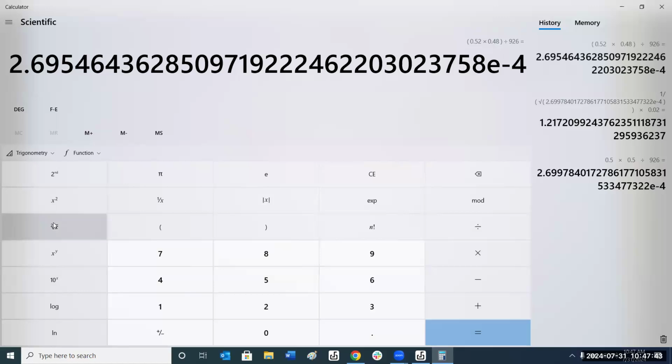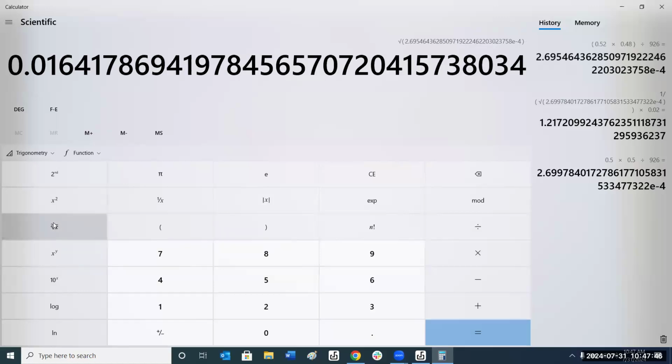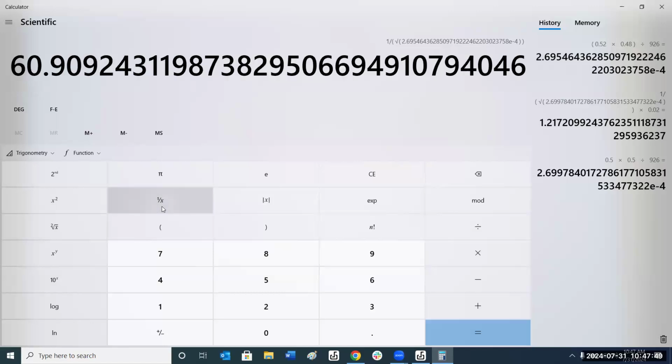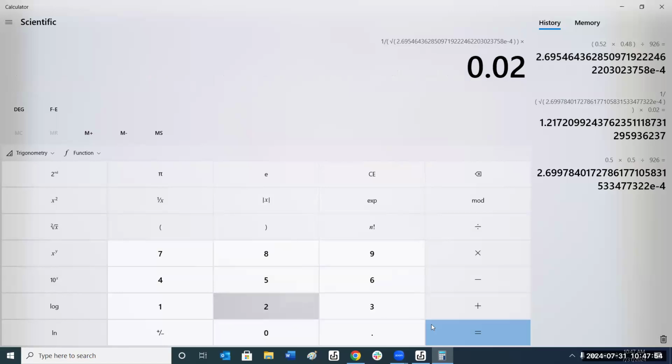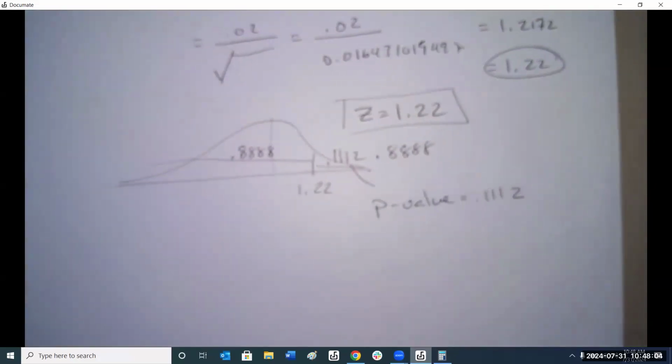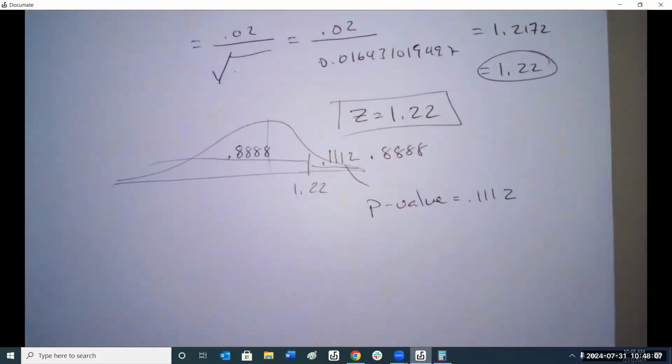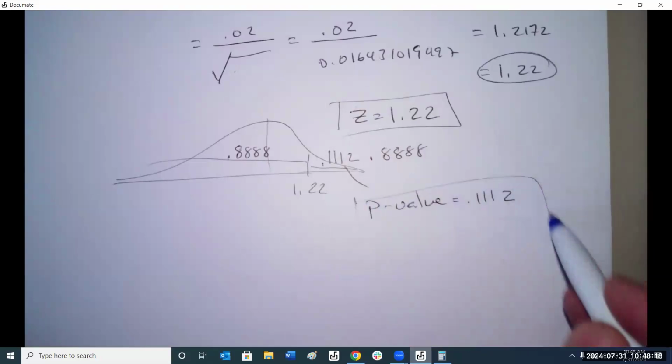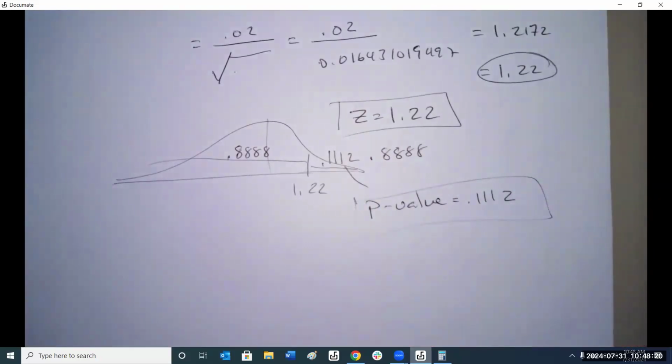Square root that, reciprocate it, times 0.02. And I get 1.22 again. All right, good. So that is our p-value. That's the determination.